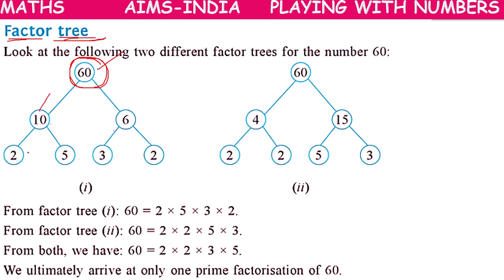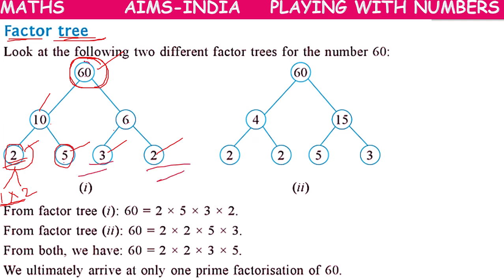Again 10 can be written as 2 into 5. 6 can be written as 3 into 2, which cannot be divided further as a product of two different numbers other than 1, because we cannot simplify 2. If we want, we can write it as a product involving 1, but without 1 we cannot write 2 as a product of two different numbers. So we cannot simplify 2 further. Even 5 we cannot simplify further, nor 3, 2.